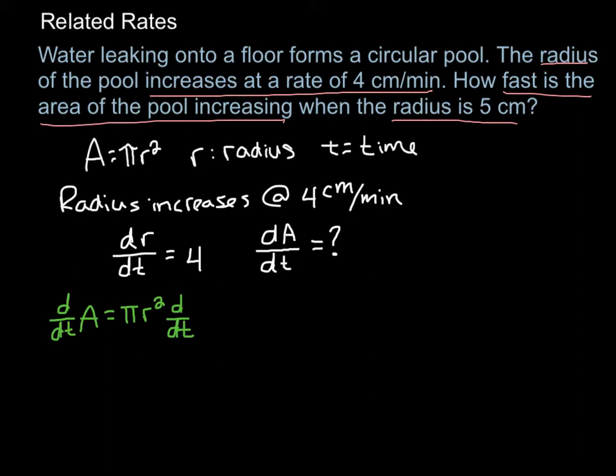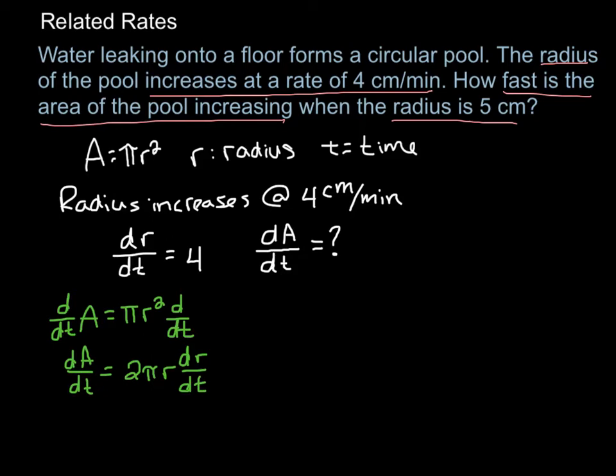The derivative of A with respect to time is, for pi r squared, we're going to do implicit differentiation again. So remember back in the day when we did that, the derivative of pi r squared is going to be 2 pi r dr over dt.